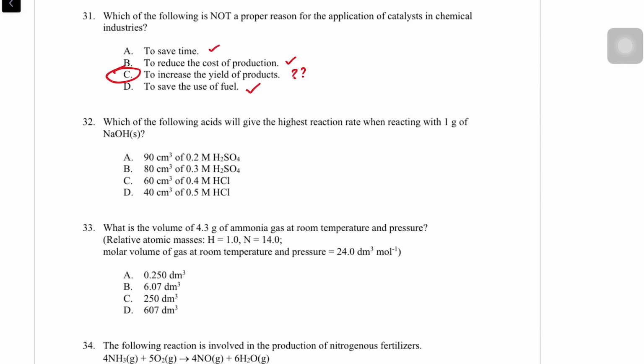This one looks like 0.5, but don't forget H2SO4 is a dibasic acid, so it's just like 0.6 M HCl, so the answer should be this one. Again, the reaction rate depends only on the concentration, not on the volume.